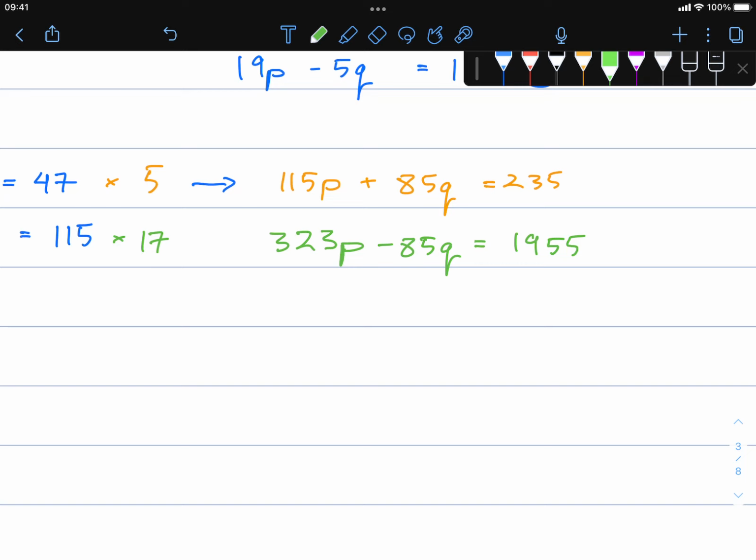And now we eliminate q. We do that by doing addition. And once again, really big numbers, just using a calculator, adding these two, 115 plus 323 is 438p.